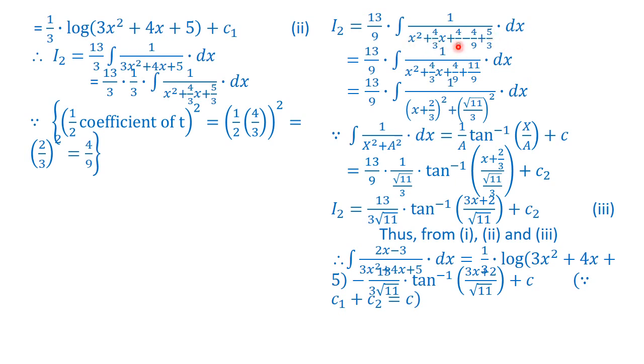Now remember that the third term of the quadratic expression is always positive, whatever be the sign of the middle term. Though it is plus, though it is minus, the last term, that is the third one, is always positive.